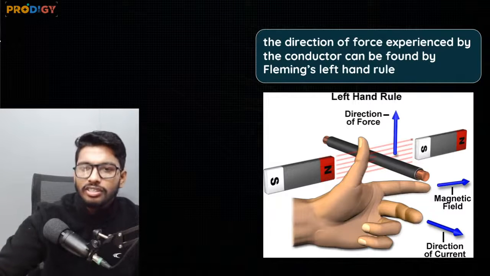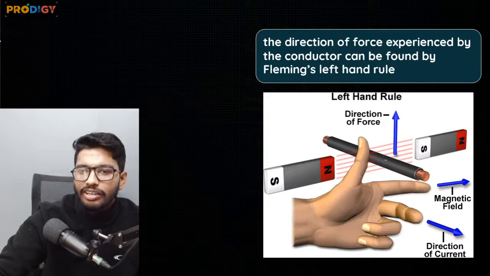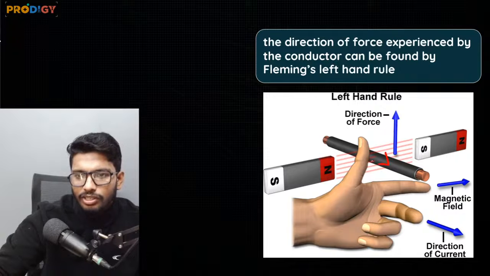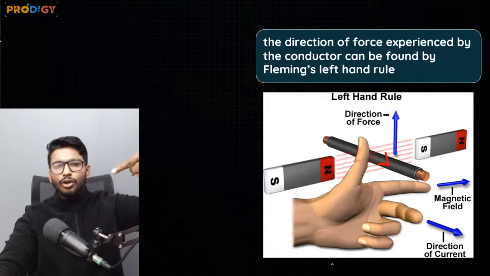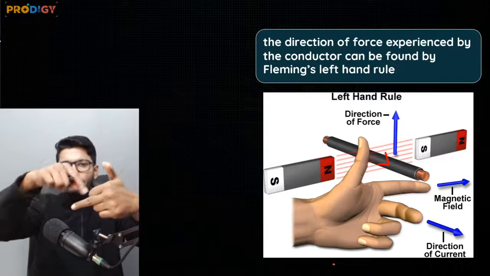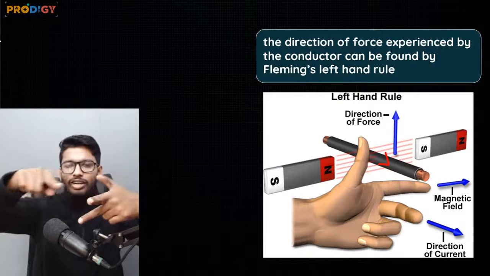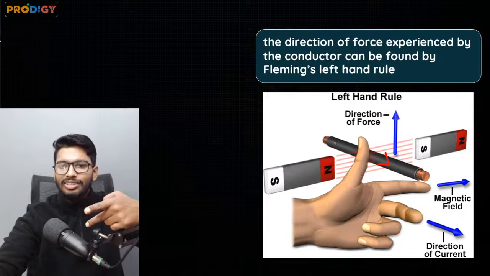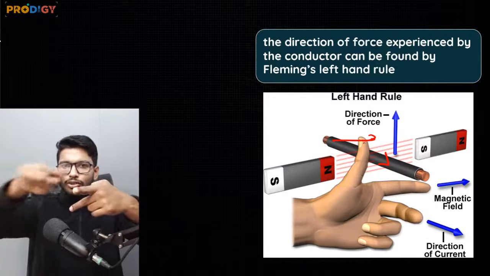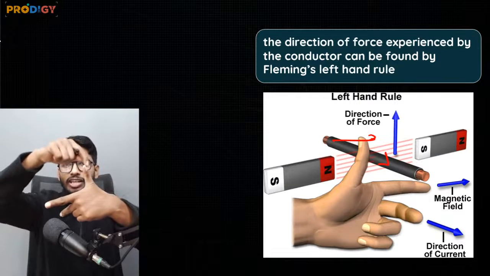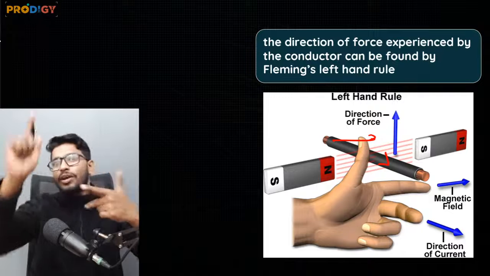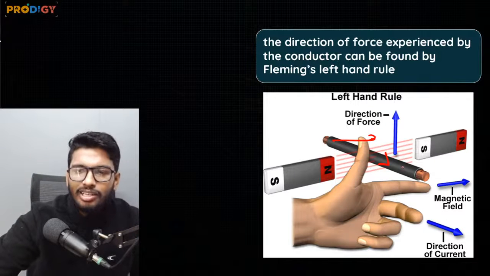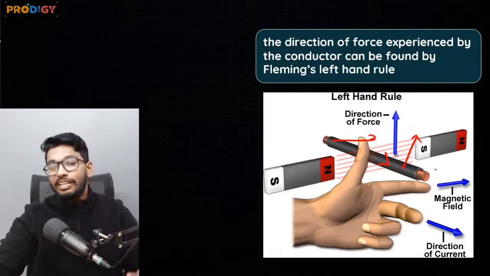Let's say the current is flowing in this direction, so your middle finger shows that. The magnetic field is going from north to south, so your index finger shows that direction. If you look at the direction of force on the conductor, it's going upwards. So this conductor will experience a force in the upward direction.